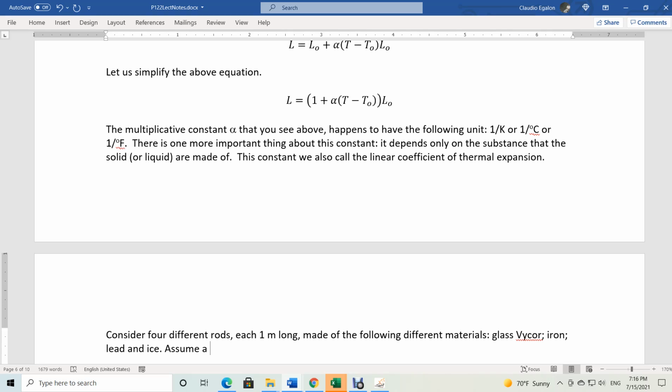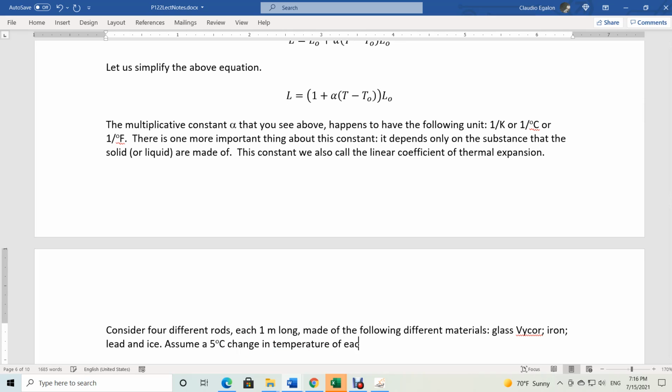Assume the temperature. Assume a 5-degree change in temperature of each of these rods.